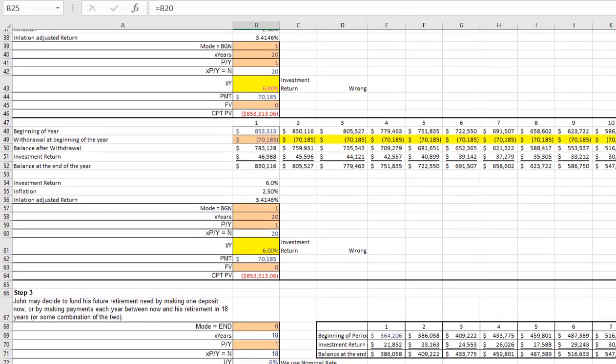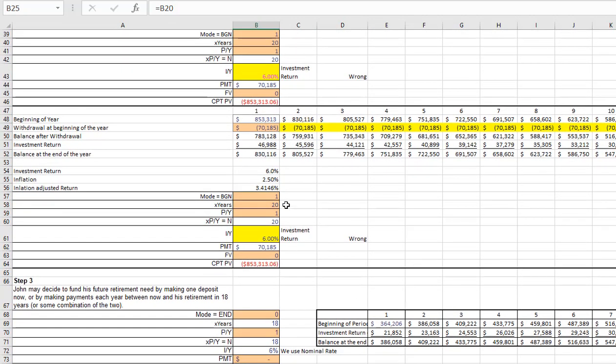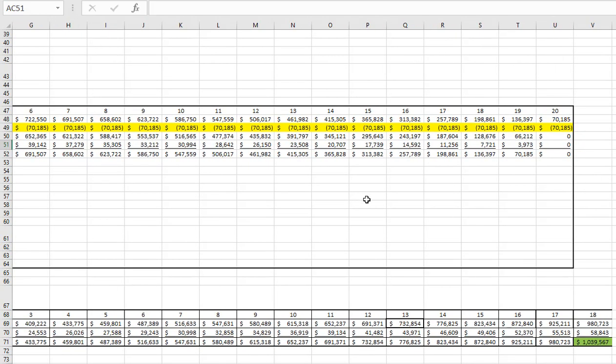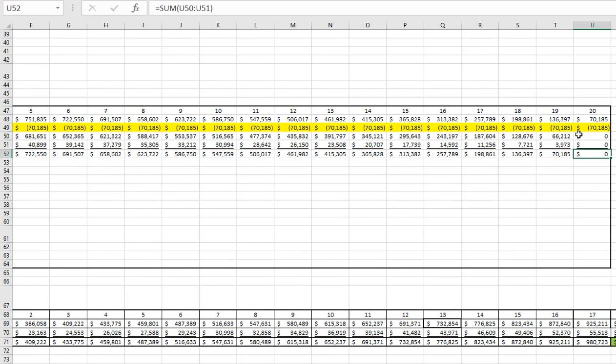So if I scroll down here, another little bit of an example, what am I doing right here? I'm not adjusting my payments. I'm just keeping it at $70,185. So you can see at the end of 20 years, I am fine. I am down to zero balance, but I have not inflation adjusted my payments.